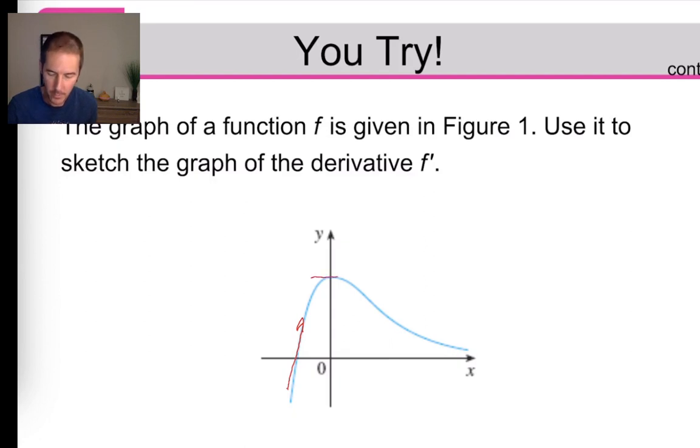And then this point, when x equals 0, has a slope of 0, and when x equals maybe 1, we're at this point with a slope of, well, it's a negative slope, but it's not very steep. Maybe it's a slope of -1. And when x equals 2, we've got a slope that's negative, but still not very negative. Maybe that has a slope of -1/2.